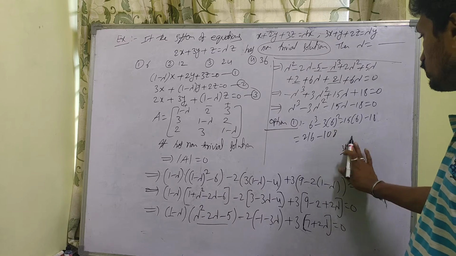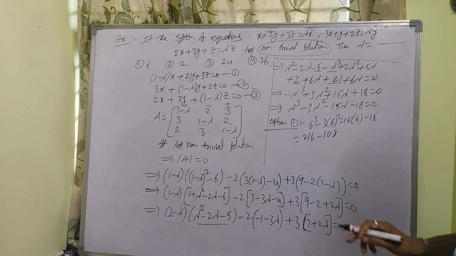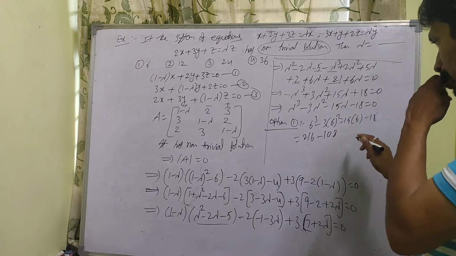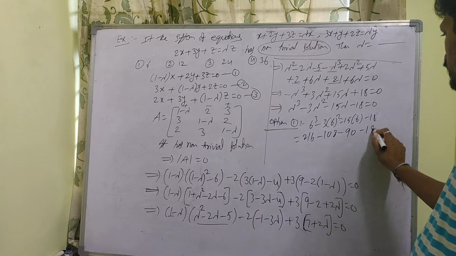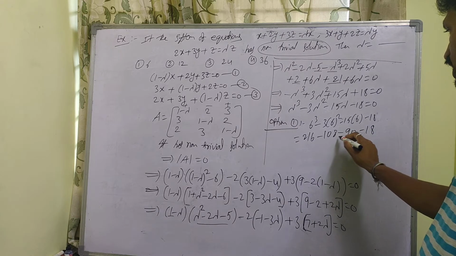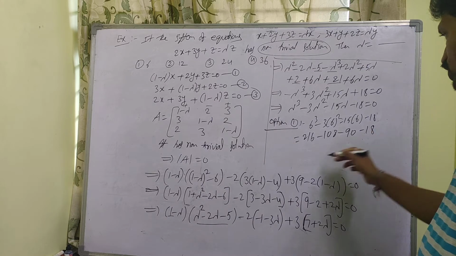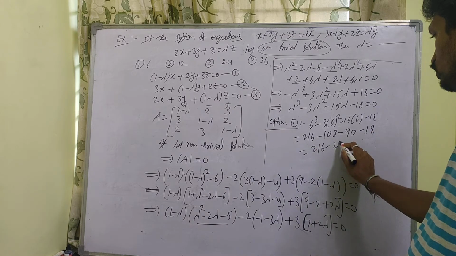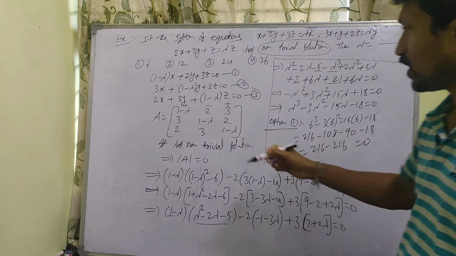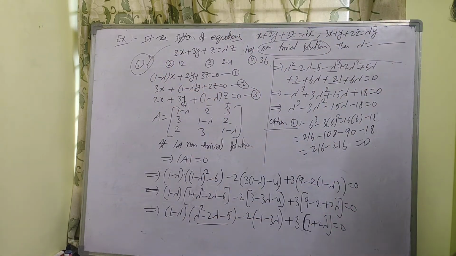Next 15 6s are 90, minus 90, minus 18. So 108 plus 90, 198, plus 18, 216. So this is equal to 216 minus 216. This becomes 0. So luckily we got the first option only. So this is the way to do the problem.